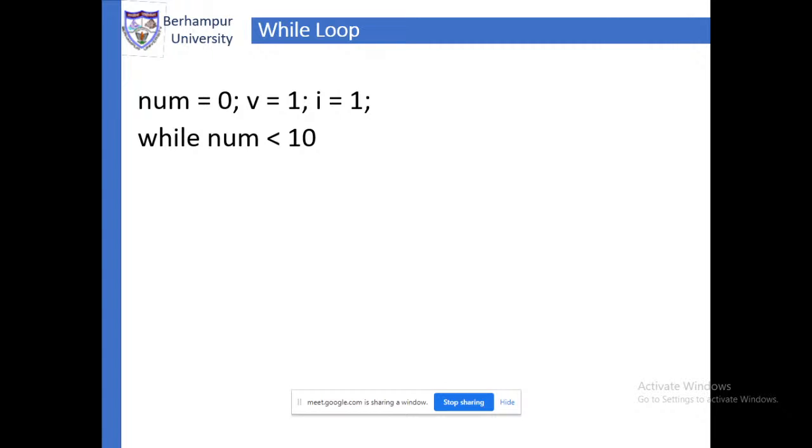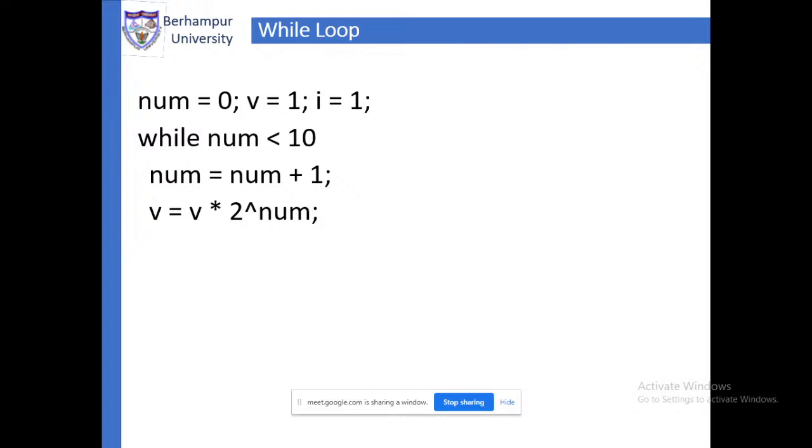This you can also write as num is equal to 0 semicolon, next line v is equal to 1 semicolon, next line i is equal to 1 semicolon. So that you can write. Now once we do that, then we'll say while num is less than 10. Now we have defined num is equal to 0. 0 is definitely less than 10. So write this way.